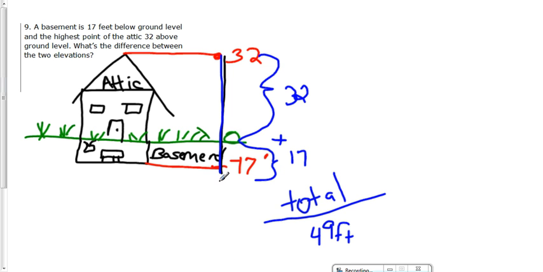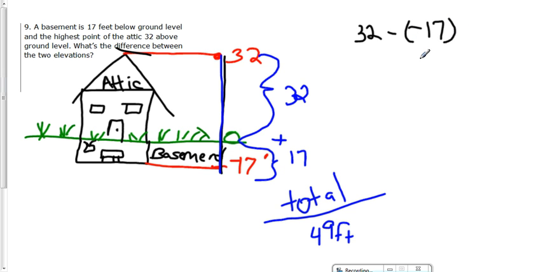Okay, that's the easiest way to do it, is looking at a picture. Now, if you want to get more complicated with it, the difference means to subtract. We have 32 minus negative 17. Now, this is integers, mind you.